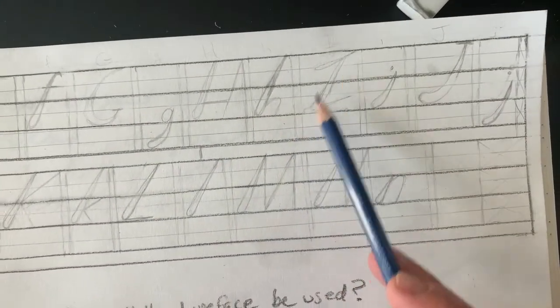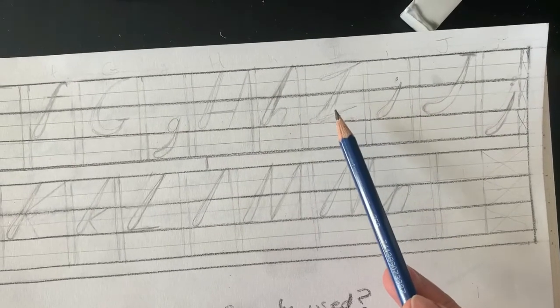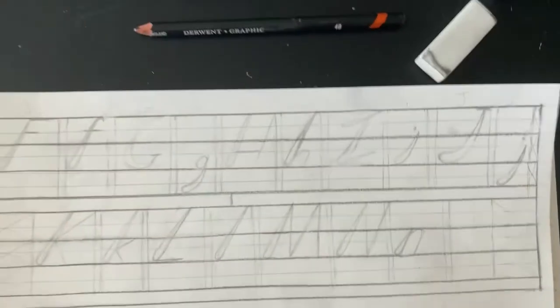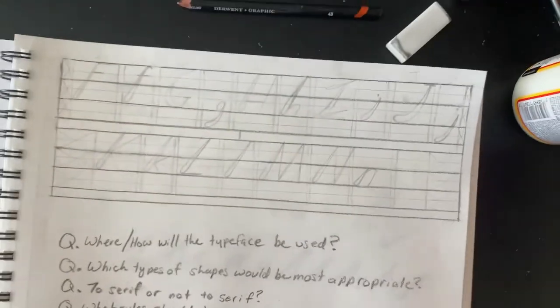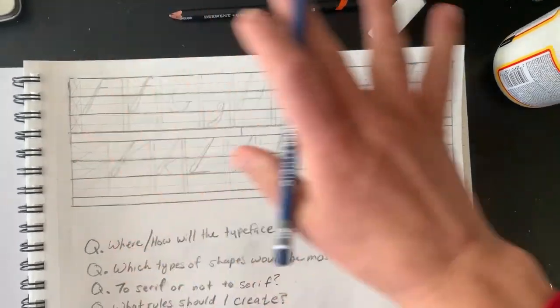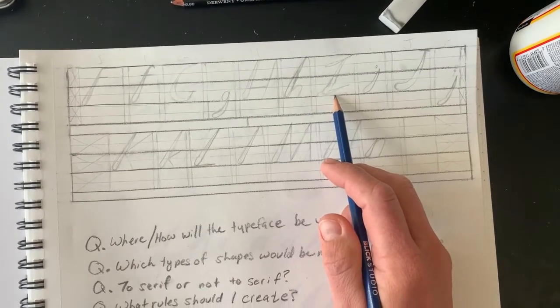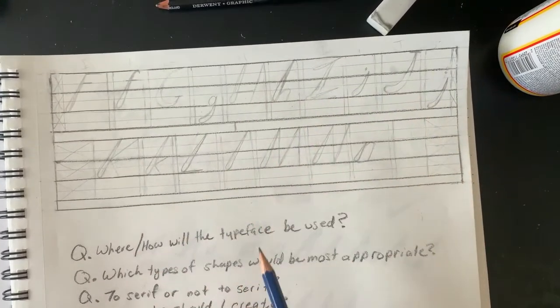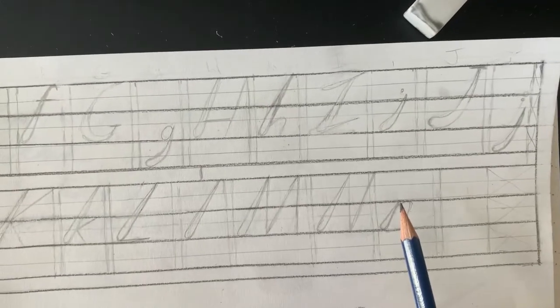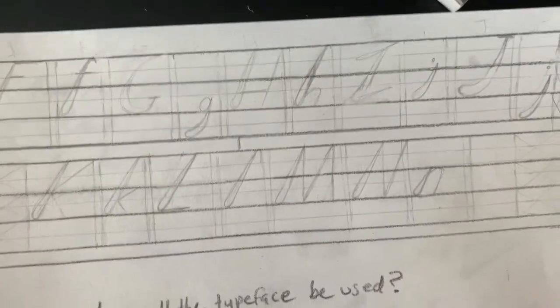So here's one where I intentionally broke away from the rule to show you what would happen if one of them doesn't follow a rule. When I stand back and look at these as a whole, this one doesn't seem to fit the capital I, does it? It doesn't look like it goes with the others. And another problem is it really looks like a Z, so it's not going to work.